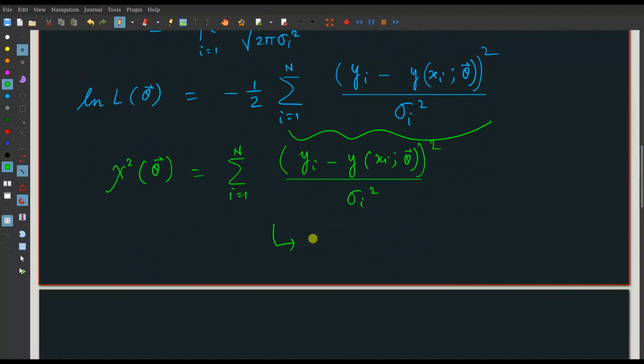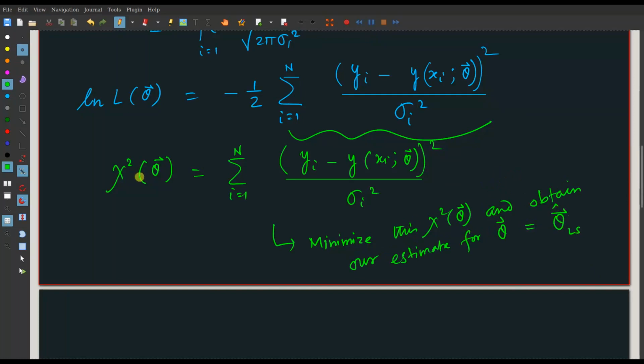So we can minimize this chi-square of theta and obtain our estimate for the unknown parameters theta, which we denote by theta least square estimate.